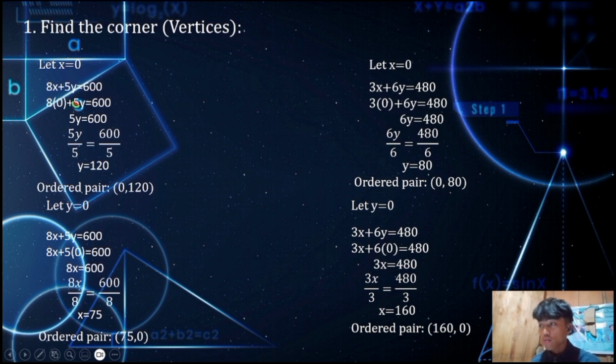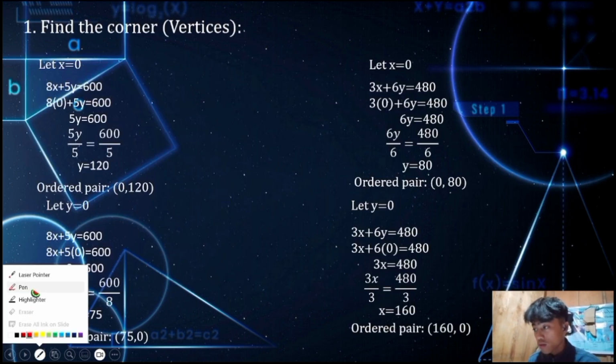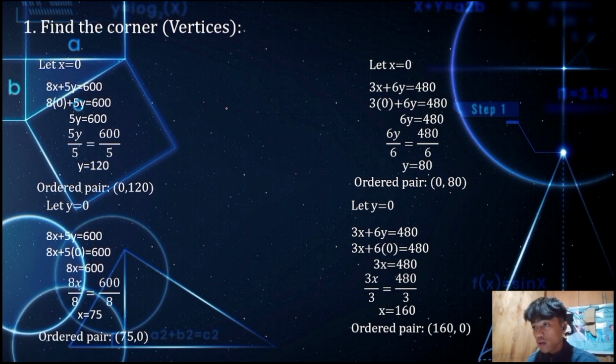So 8 times 0 plus 5y equals 600. 8 times 0 equals 0, so it's gone, and only 5y is left. 5y equals 600. We cancel out the 5, and what remains is y. So 600 divided by 5 equals 120. So the ordered pair is (0, 120).